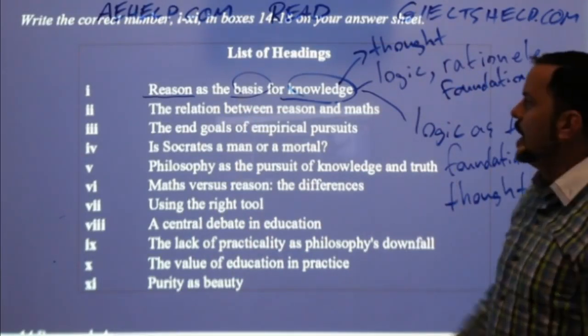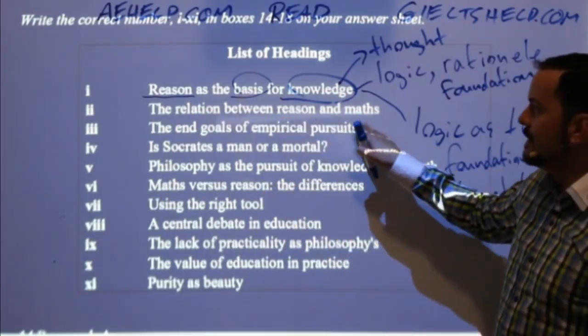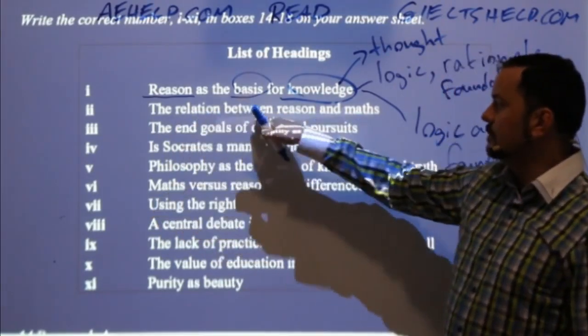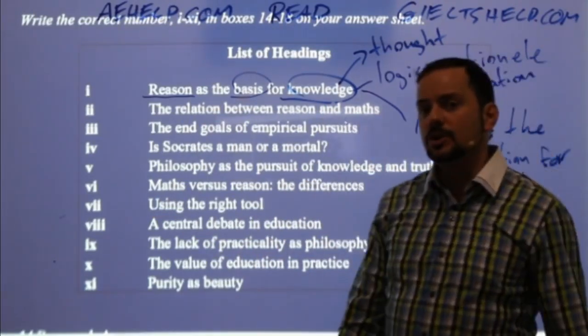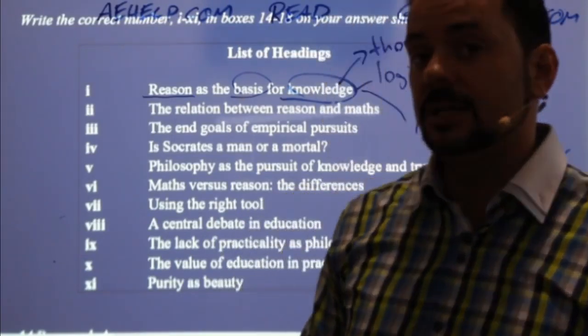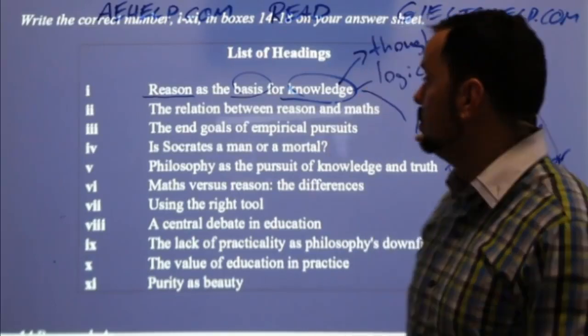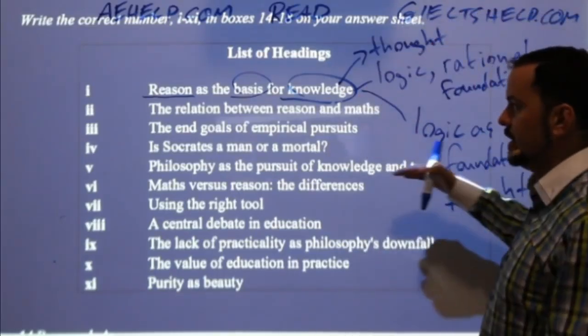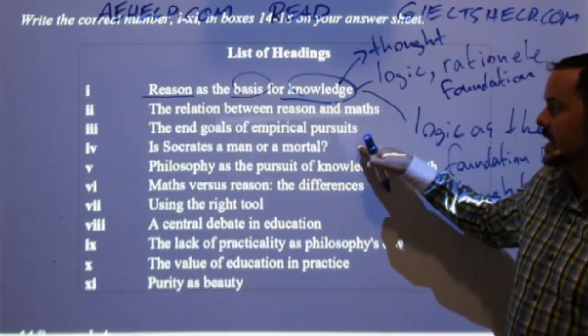Okay, so the relation between reason and math, the connection between logic and arithmetic. Now, when you practice lots, you will build your vocabulary with paraphrasing and you'll become much faster. So in the real exam, you don't write down your paraphrasing, but you just think of it when you look at these list of headings, okay?